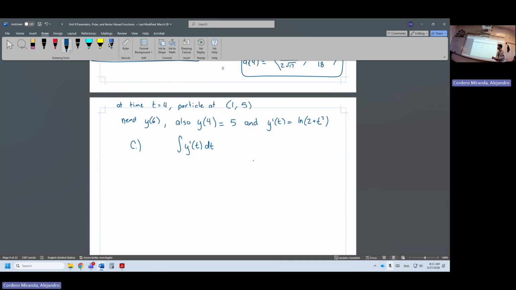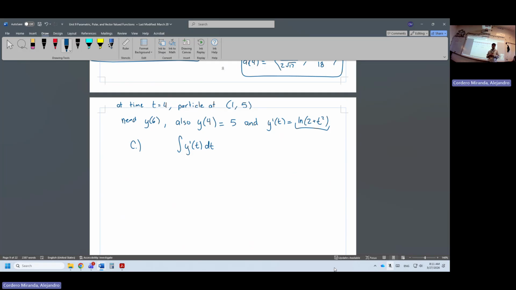That's what you're missing. But the flaw in that is that nobody knows the antiderivative of that. I don't think any function can have this derivative, like we can't do that by hand, is what I'm saying. So other ideas? The fact that we got y of 4, we need y of 6.